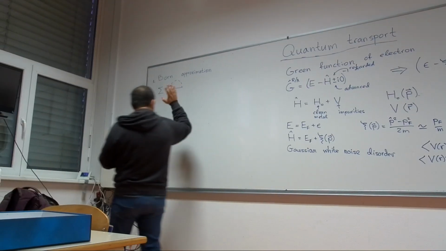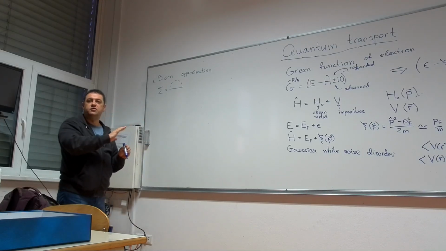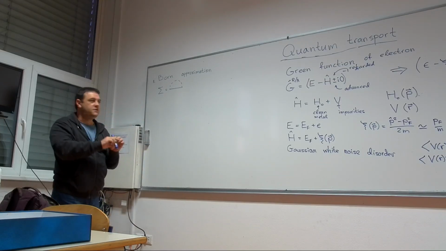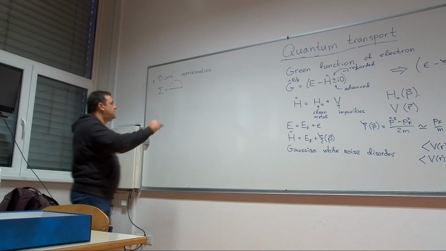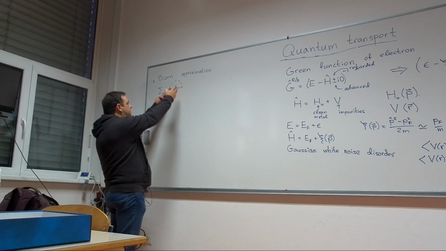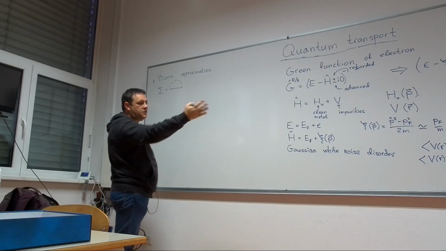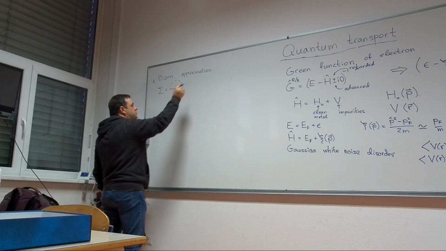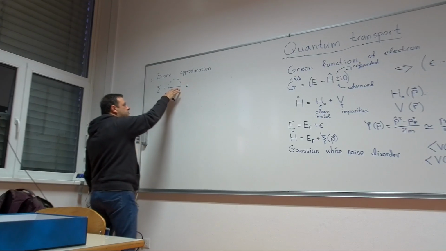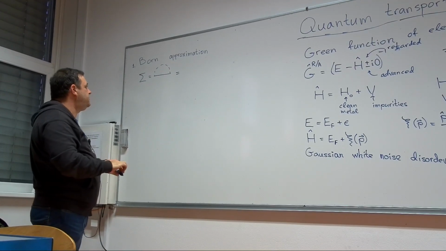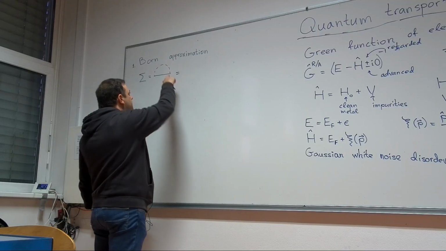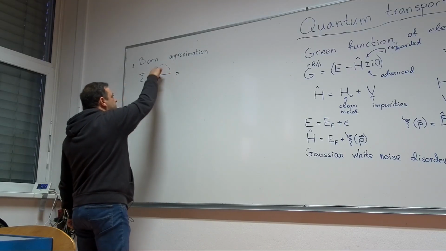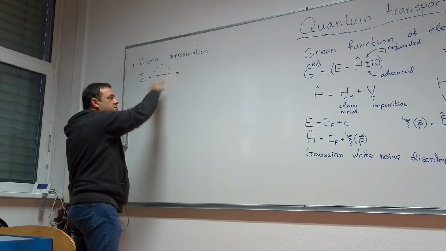So Born approximation in metals is actually a very good approximation. It works perfectly. And we will right now compute our Green function within this approximation. So we should calculate this diagram here. This diagram contains one dashed line and one Green function.